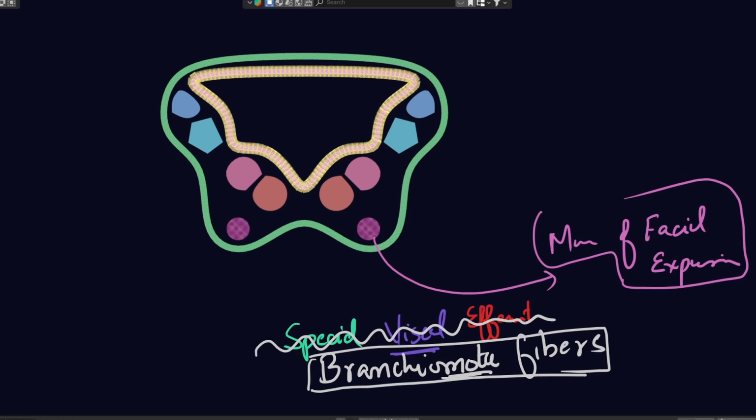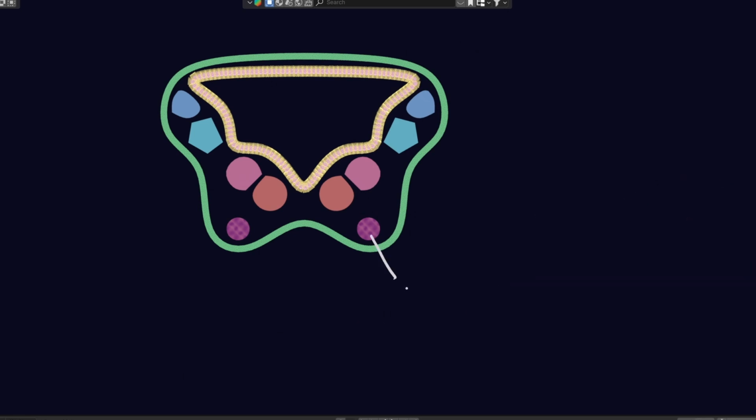So by the way, what I want to tell you is that these are the brachiomotor nuclei, or the special visceral efferent nuclei. So general somatic efferent, special visceral efferent, and here is the general visceral efferent. All these are visceral. And why is it lying here, why is it not here? To be honest, I don't know precisely why it is here, but a speculative reason is that there is lack of space here, so it is pushed here, it migrates here.